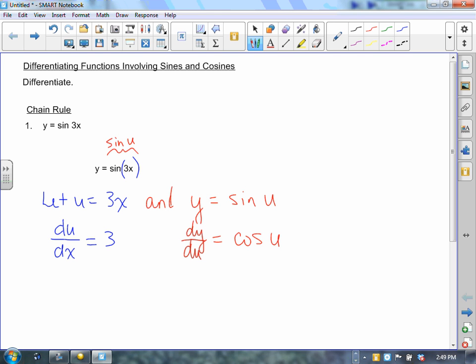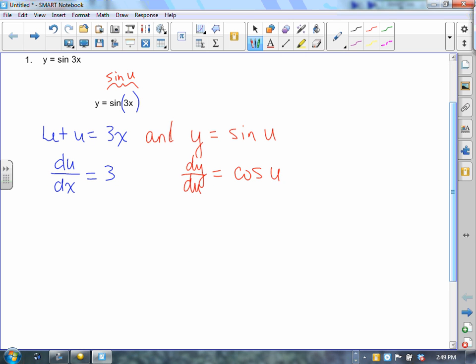Now, based on what we had learned earlier with regards to the chain rule, we know that the derivative of the expression y with respect to x is going to be cos u multiplied by 3.